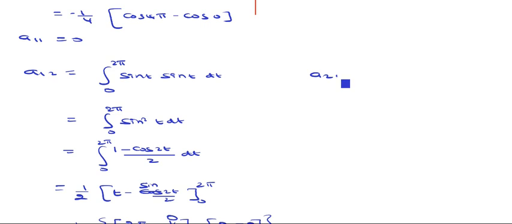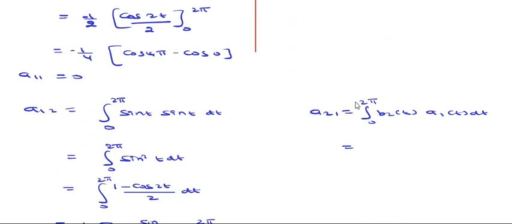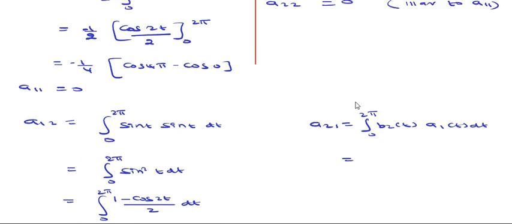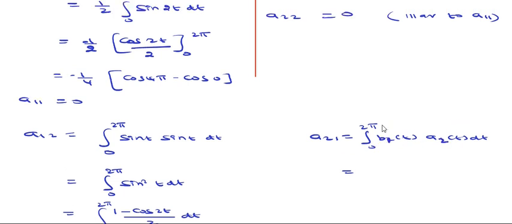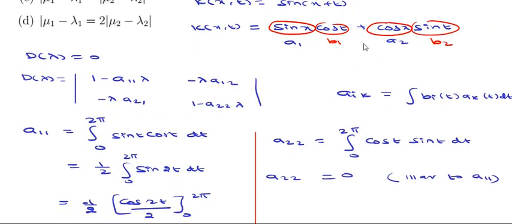Now a21. a21 is integral 0 to 2 pi of b1 of t into a2 of t dt. b1 of t is cos t and a2 of t is cos t.